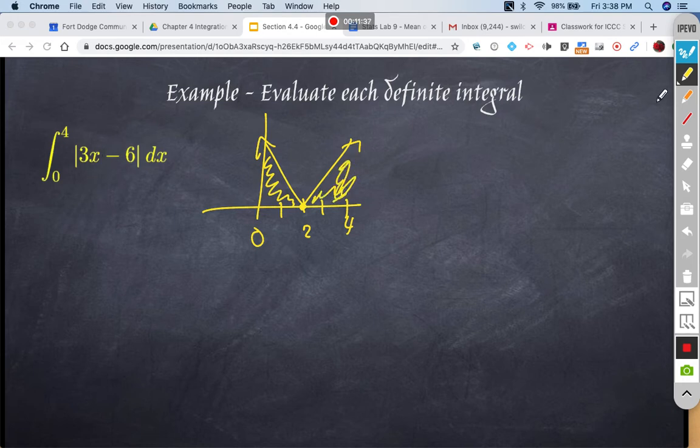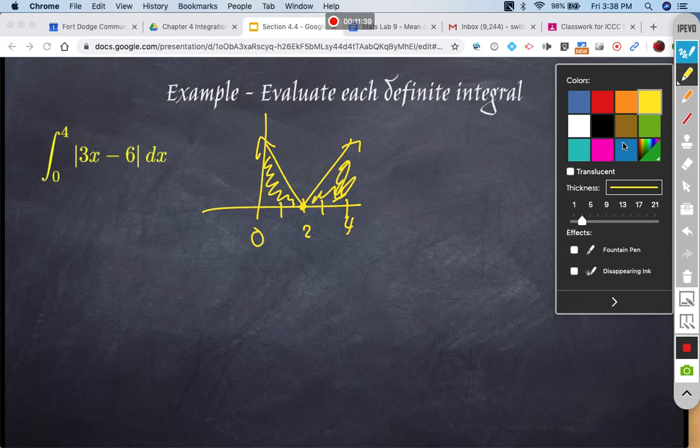We can't deal with the absolute value, but I can break this up into 2 intervals, because we said we could do that. This is going to equal the integral from 0 to 2 of the absolute value of 3x minus 6 dx, plus the integral from 2 to 4 of 3x minus 6 dx.